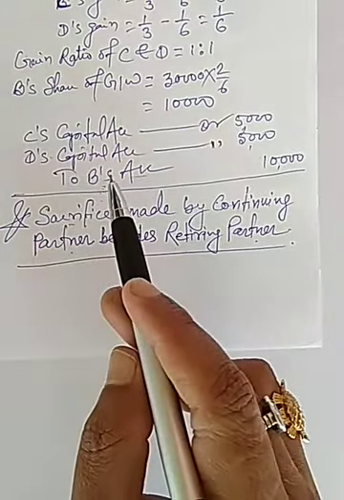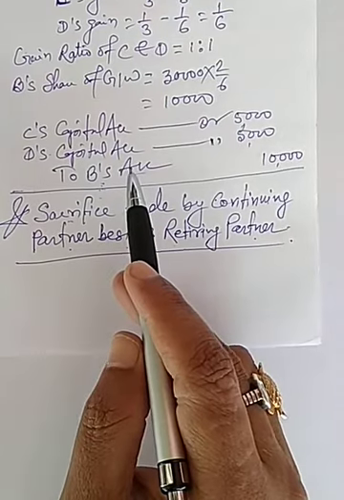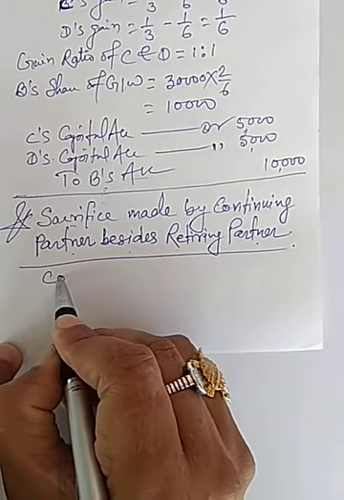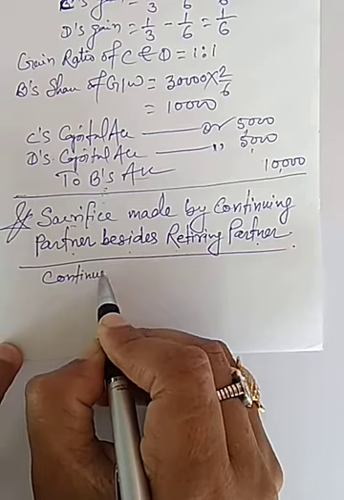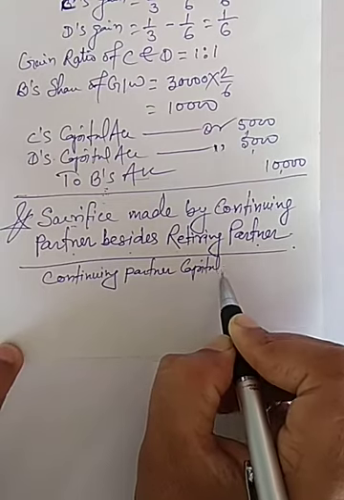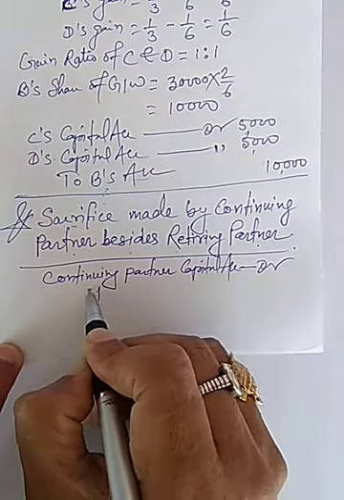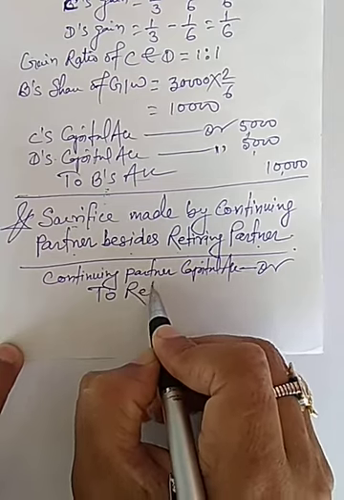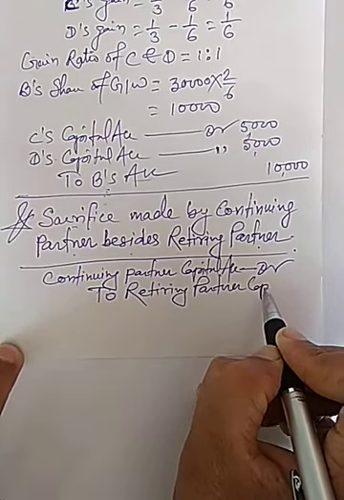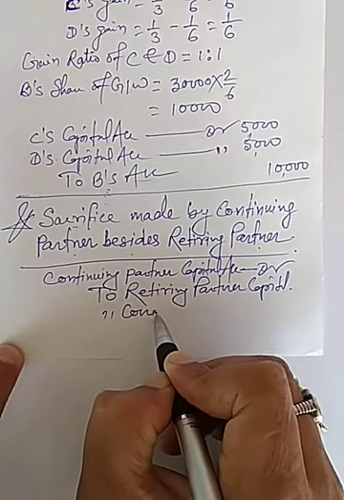The journal entry will be the same, but I can write it as: gaining partner's capital account DR to retiring partner's capital account, to continuing partner's capital account.